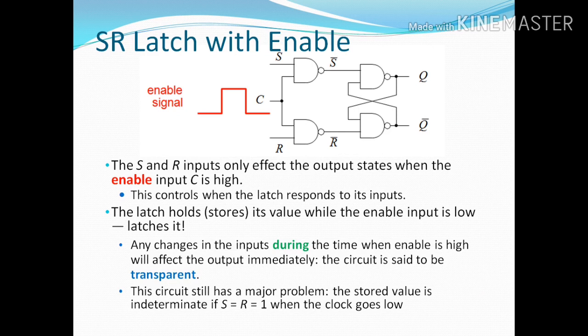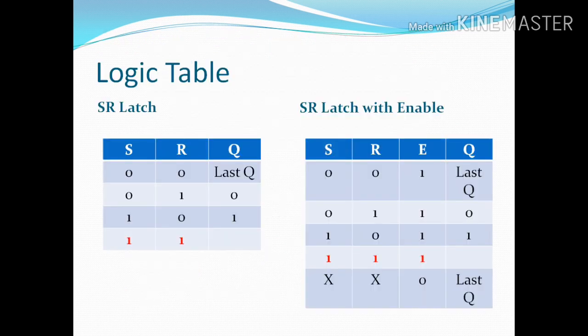So again I am telling you to explain the diagram. Here it is the SR set-reset latch, the truth table and logic table are given here. See this. The latch is telling when S equal to 0 and R equal to 0, whatever the last Q value was, that will come as output. And when R is 1, S is 0, then Q equal to 0.